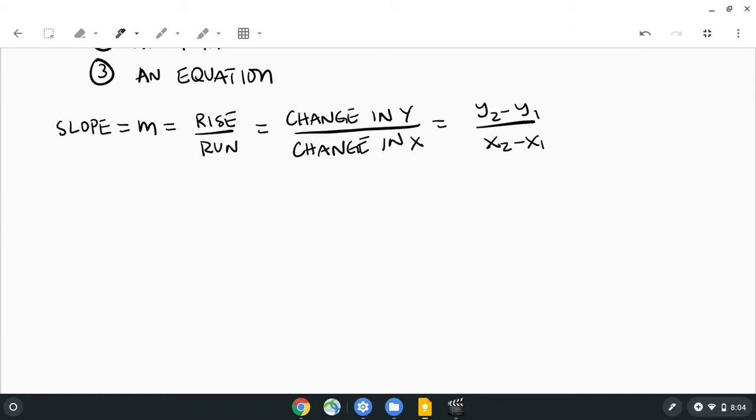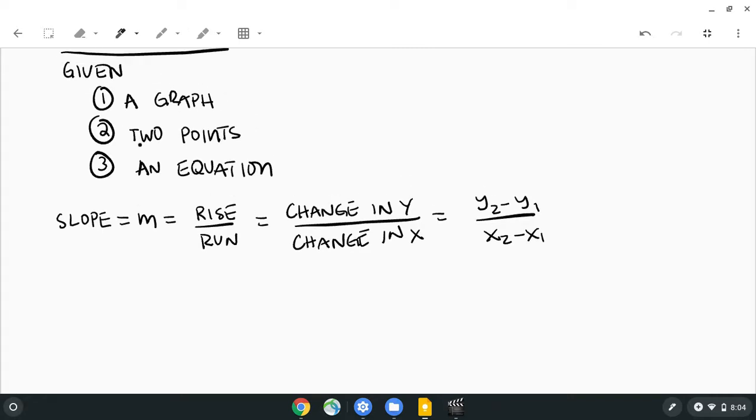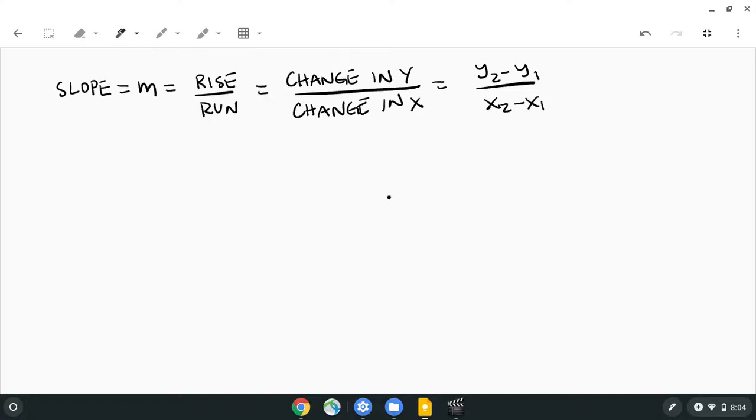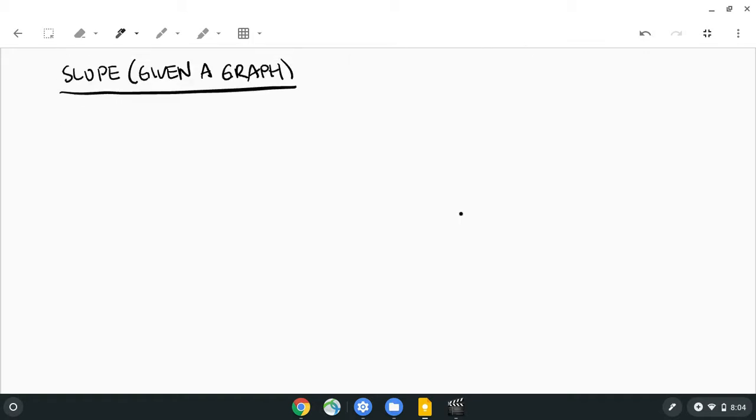All right. So let's take a look at a graph. Again, we're going to be looking at these three situations, and we're going to take a look at how we find the slope given each situation here. So let's start off with this first one, slope given a graph. All right, so I'm going to go ahead and draw a graph here.